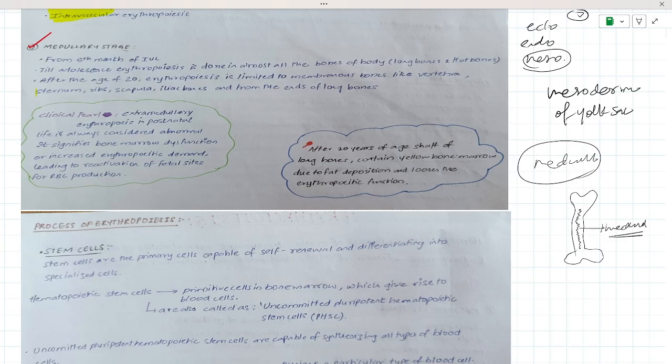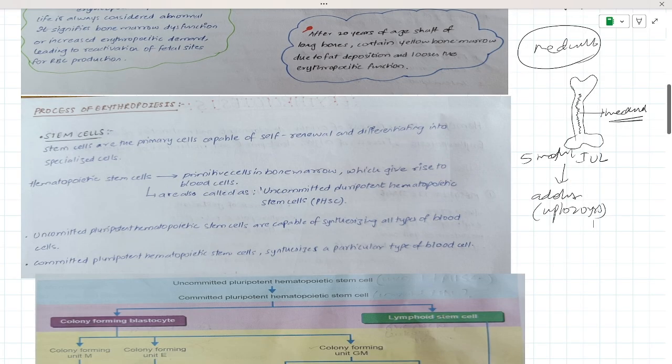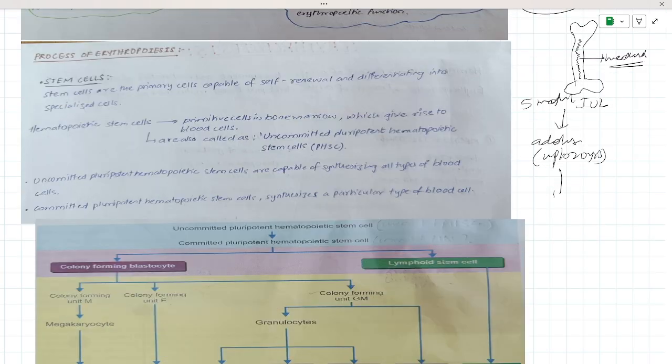Now this medullary stage again has some different types. One is from the fifth month of intrauterine life to adolescence, or up to 20 years. The other is from adolescence, that is from 20 years, to lifetime. From the fifth month of intrauterine life to adolescence, erythropoiesis takes place in the medulla of all bones, basically all long bones.